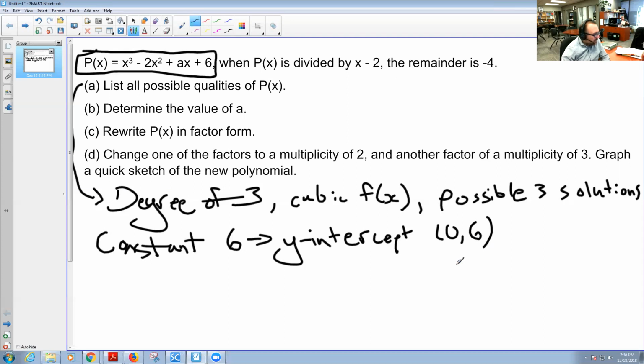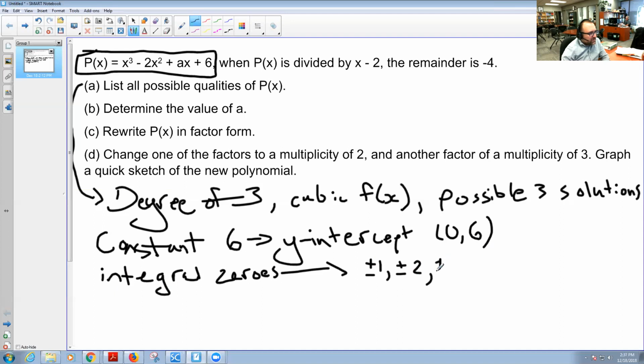Then you will also realize the integral zeros for this problem. We'll have to look at the constant, which we just talked about. So our factors will be plus or minus 1, plus or minus 2, plus or minus 3, and plus or minus 6. Those are all the possible factors it could have for this one.